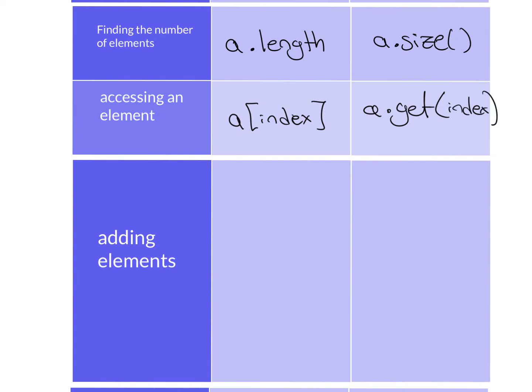Now for both of these, the index needs to be a value between 0 for the first element, up to, but not including, the length of the array, so length minus 1. Again, you can find the length or the size, which is the number of elements, either way, using these ones.